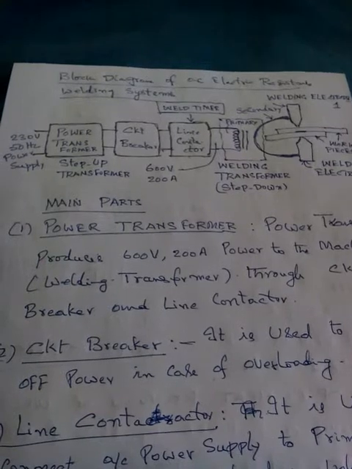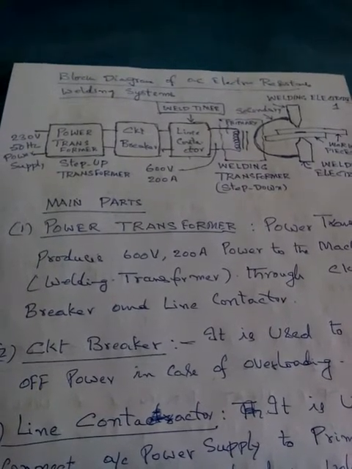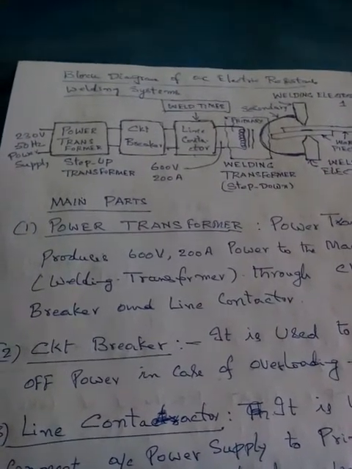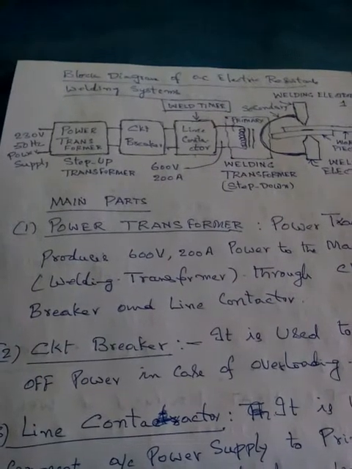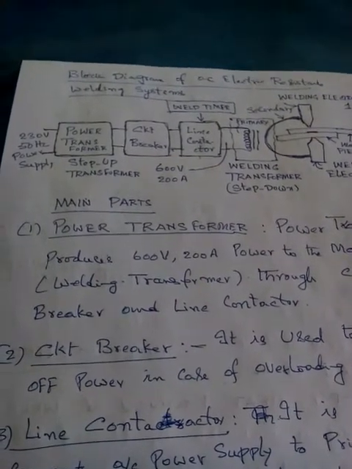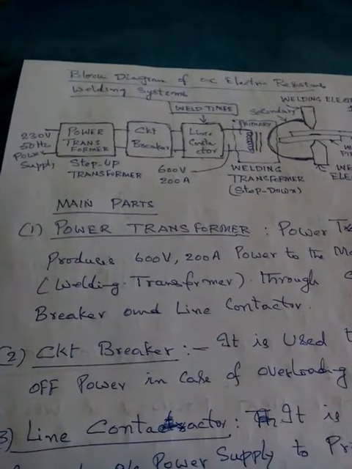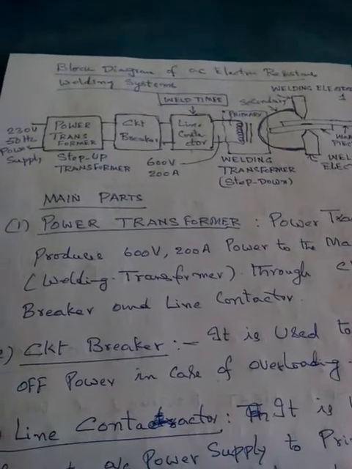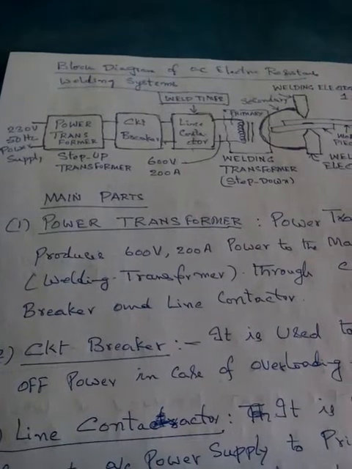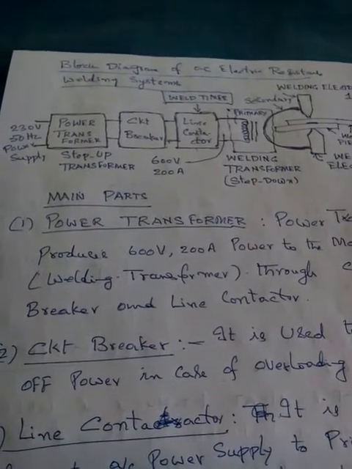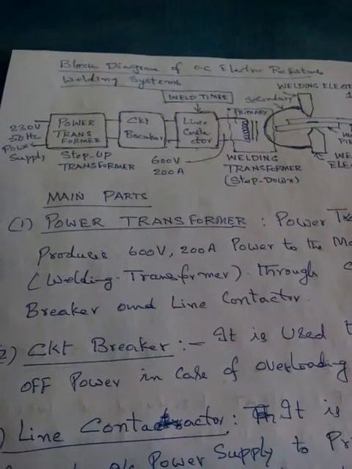The block diagram consists of input 230 volts 50 Hz power supply, power transformer, step up transformer. It is 230 volts to 600 volts step up. There is circuit breaker. Next is line contactor. On the top there is a weld timer.